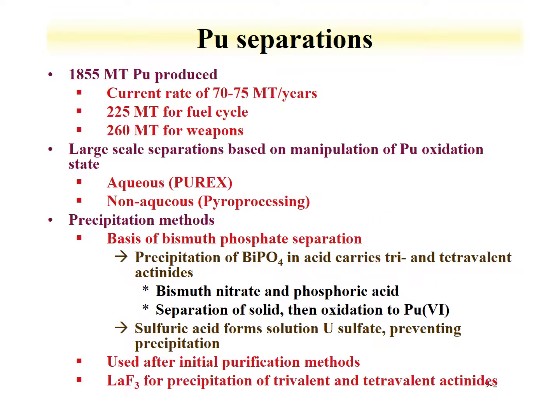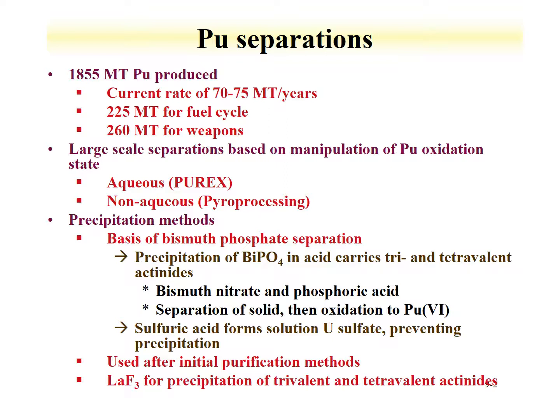So unlike some of the solvent extraction systems where we get tetravalent and hexavalent metal ions traveling together, in this case we get the trivalent and the tetravalent. So one could form this carrier type process with bismuth nitrate and phosphoric acid. You can then precipitate out the solid, separate it, and then achieve any further separations based upon the exploitation of the chemistry.